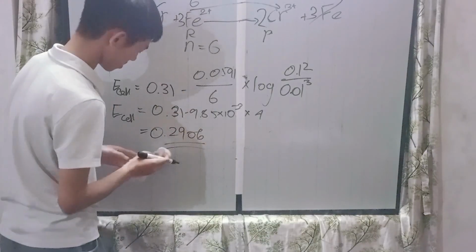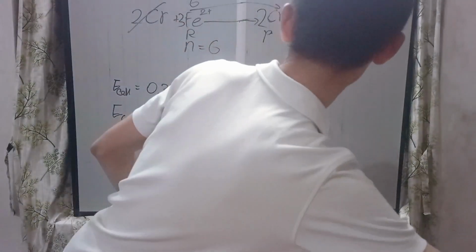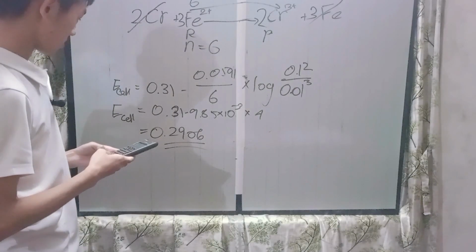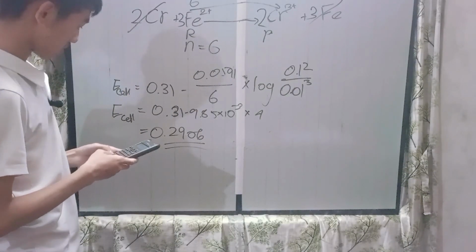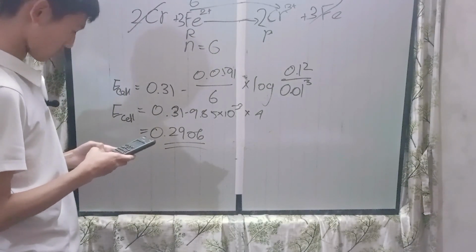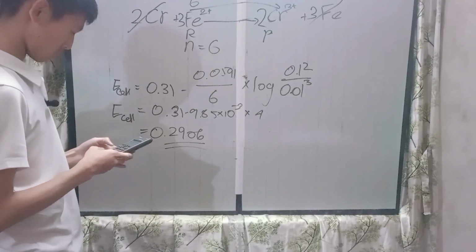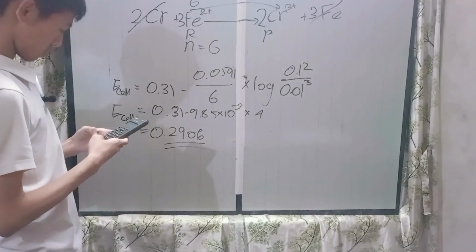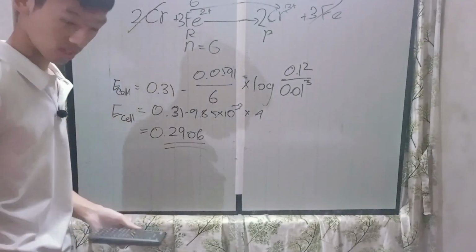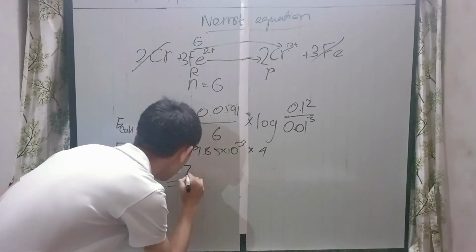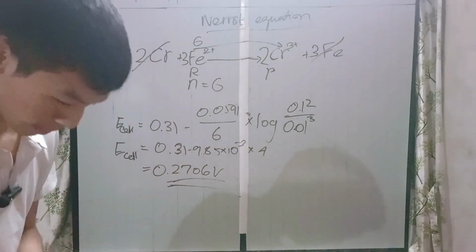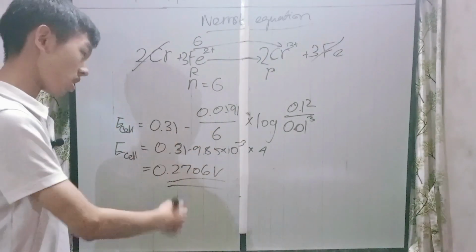Simple calculation. 0.31 minus 9.85 times 10 raised to negative 3 times 4, and we get the EMF. We're done. This is all.